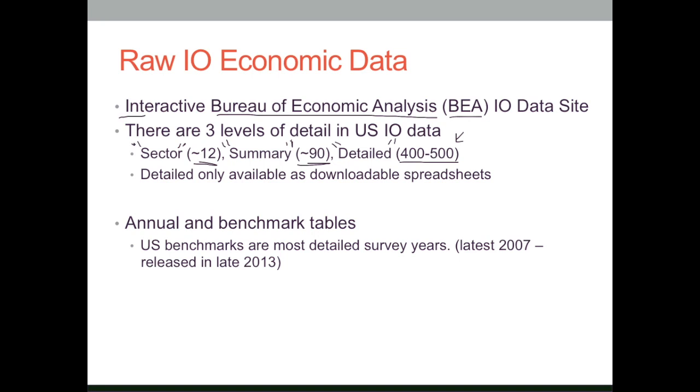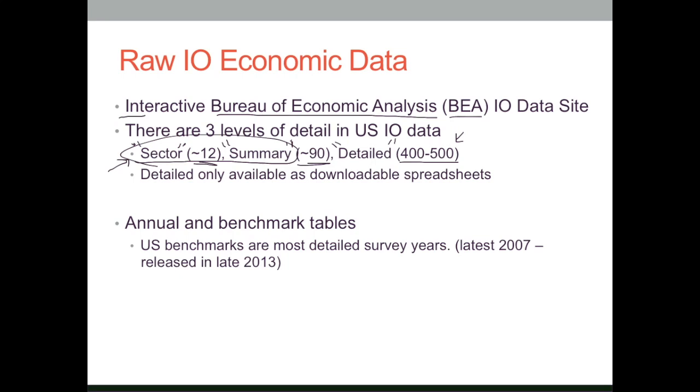The sector and summary level data comes from annual surveys. So although it's not as descriptive, because we don't have as many sectors and so not as much detail, the numbers are more up to date.